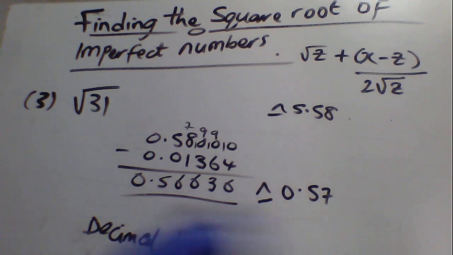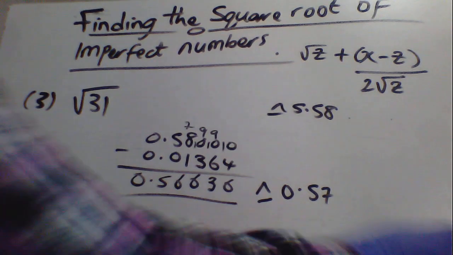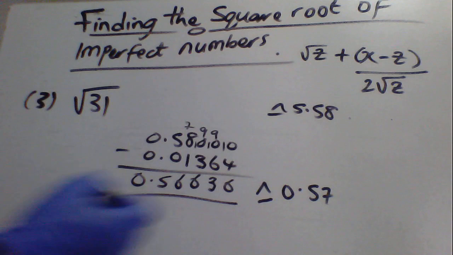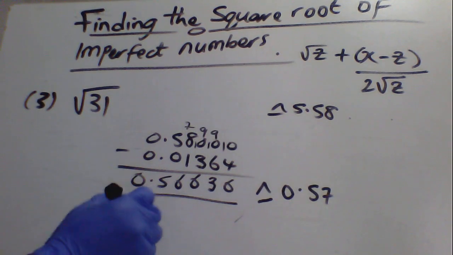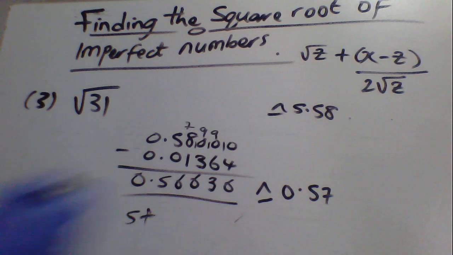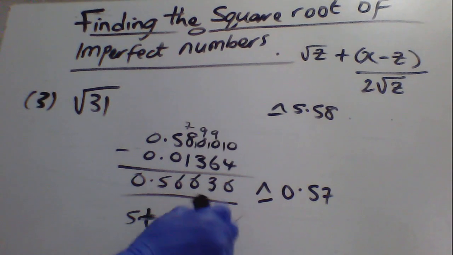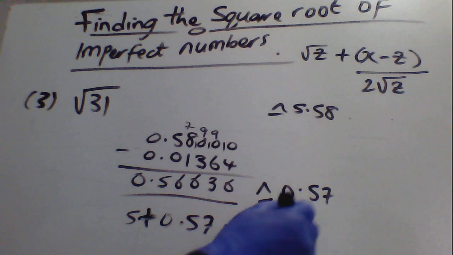Because your answer should be in 2 decimal places. So the next thing is to add this to 5, because you have completed the decimal adjustment. So that will be 5 plus 0.57, and this gives us 5.57.